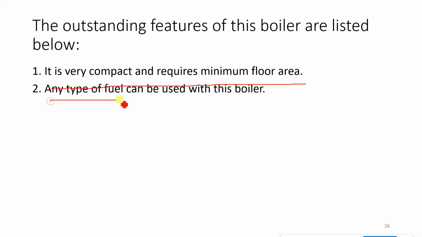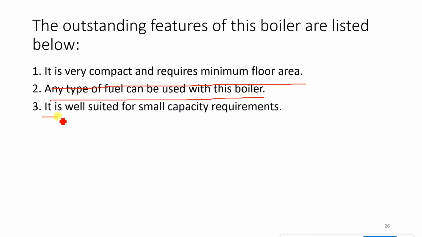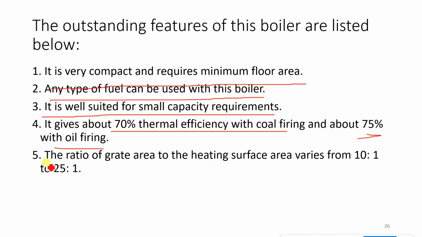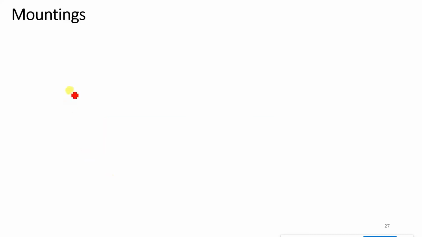Any type of fuel can be used with this boiler. It is well suited for small capacity requirements. It gives 70% efficiency with coal and 75% efficiency with oil as a fuel. The ratio of grate area to heating surface area is 1 is to 10 to 1 is to 25.